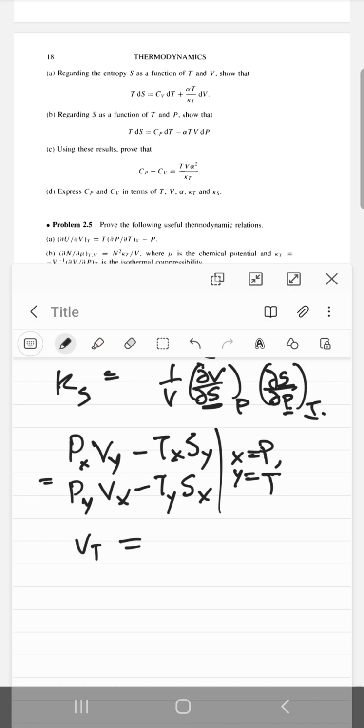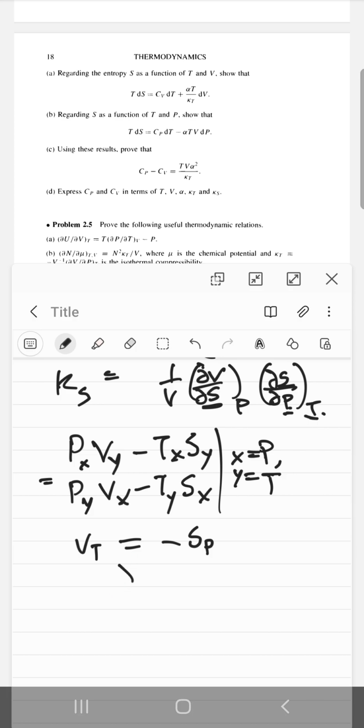Okay, so that term is gone, right? Yeah, I guess. Okay, it looks correct to me. So that term is gone, and it's now just minus, so you got t sub y is t sub t, that's 1, s sub p over there.